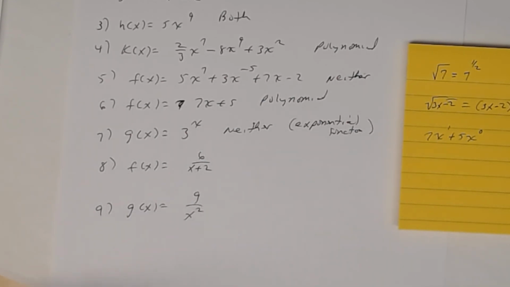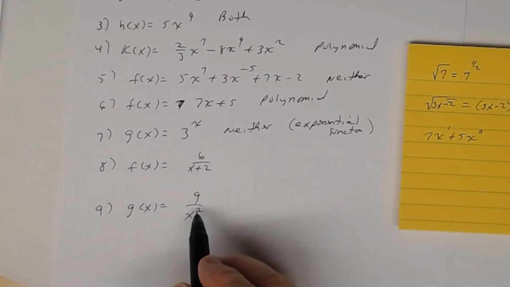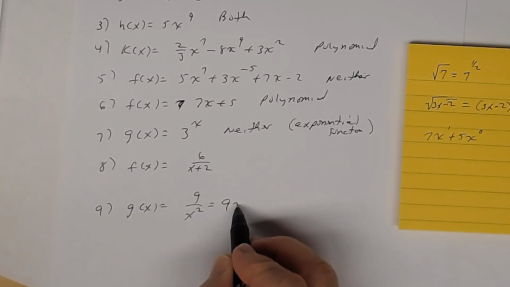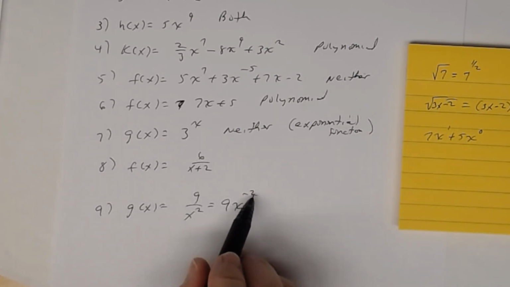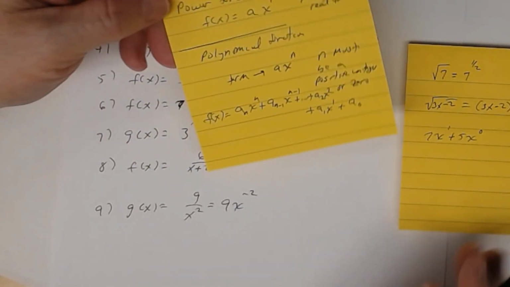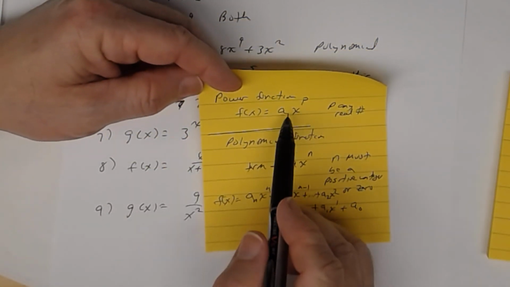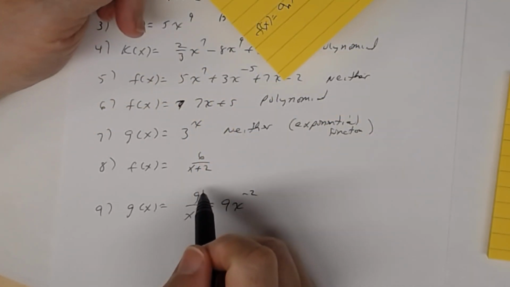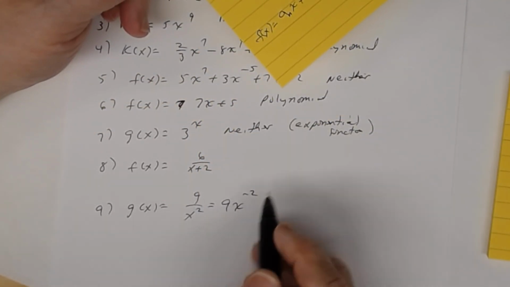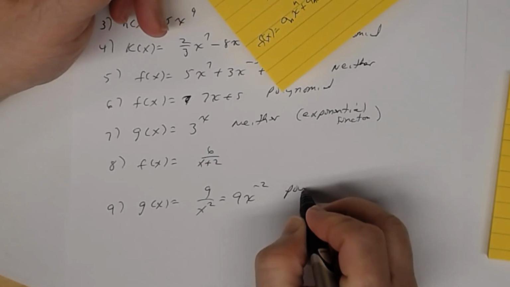That's also a rational function, but there's a difference between those two. In number 9, I know from a previous course that I can rewrite 9 divided by x squared as 9 times x to the negative second power, right? And so notice that this is a power function. This is a power function because my exponent is a real number. So this rational expression is also a power function.